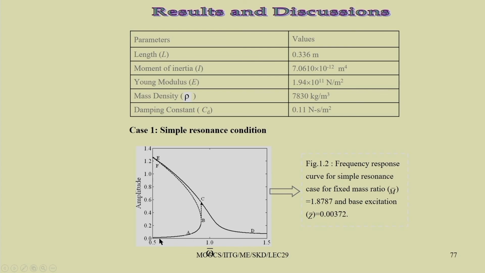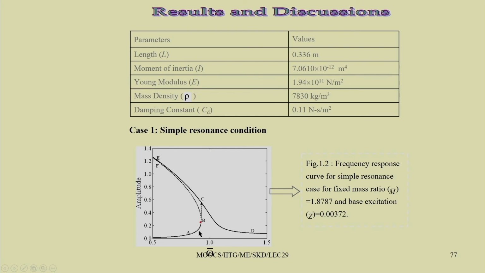Now, by increasing this frequency, you can see we have a saddle node bifurcation point here, and it will jump from this B to C. So, you can observe a jump phenomenon in this case, and due to this jump the beam may break.